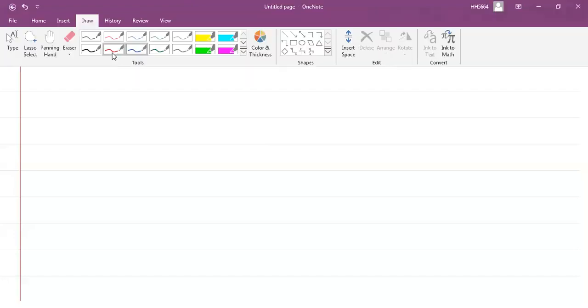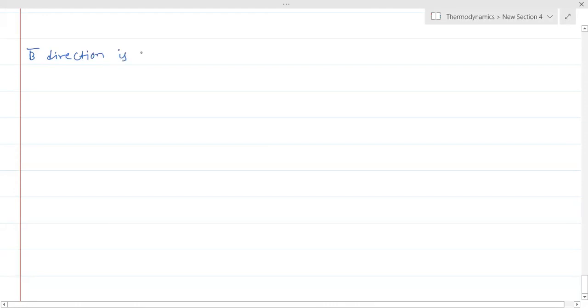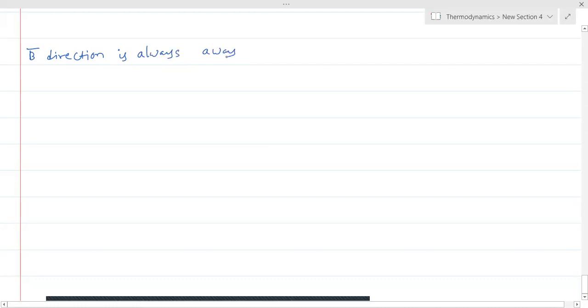And these directions are very important. The B bar direction is always away from north.